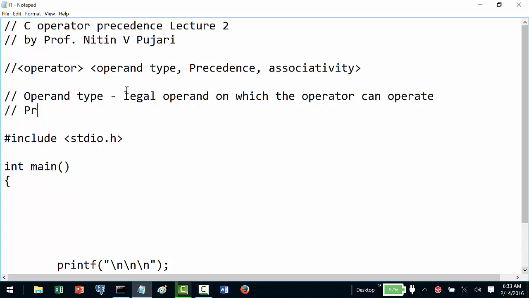Then we look at precedence, which is nothing but priority to the operators.